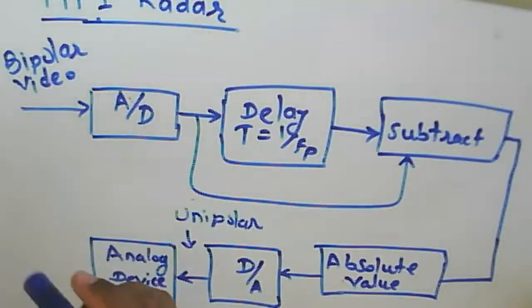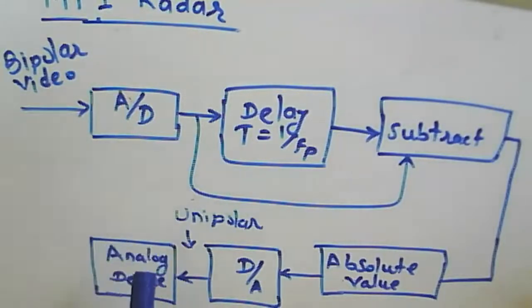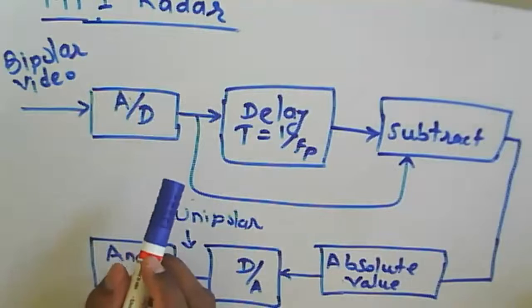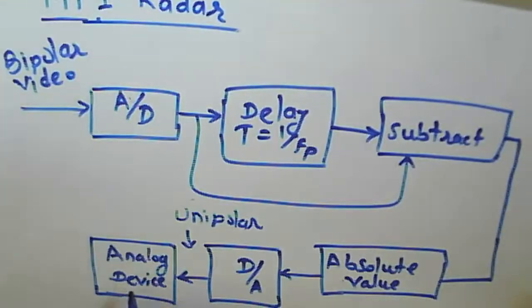We have already discussed the delay line canceller earlier, and this block diagram of a delay line canceller device is used to display the MTI output, which can be shown on the analog display.